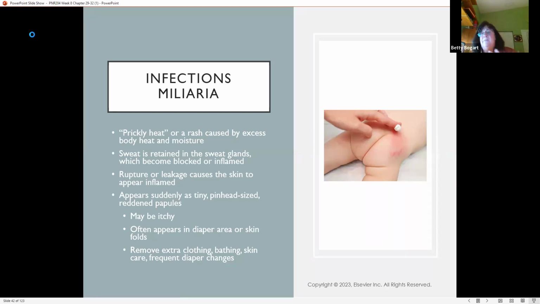A lot of times it's where that heat and the moist and the damp inside the diaper, you'll see these sorts of things. One of the ways that we help decrease the incidence of it is to not have them overdressed. You don't want them sweating. Bathe them routinely, making sure that we dry those skins and change the diapers quickly.